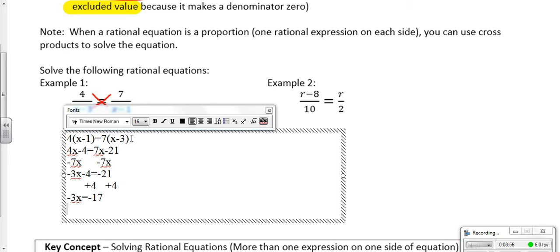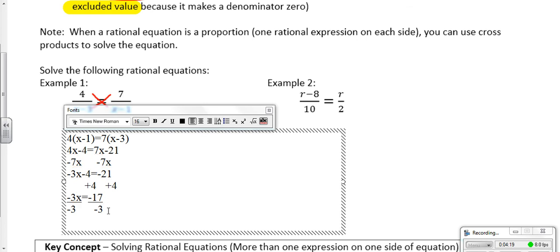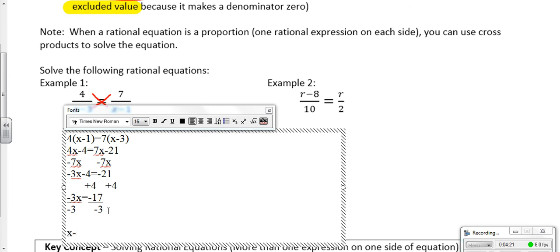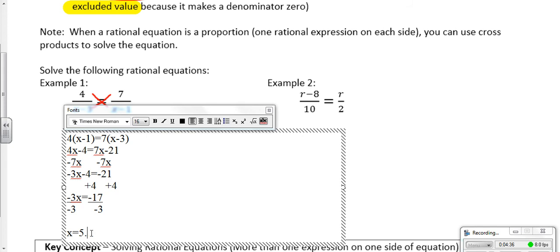And we would divide by negative 3. And that just reduces then to positive 17/3. So x equals positive 17/3, which is I think 5.3. And in checking that, it is actually 5.6.